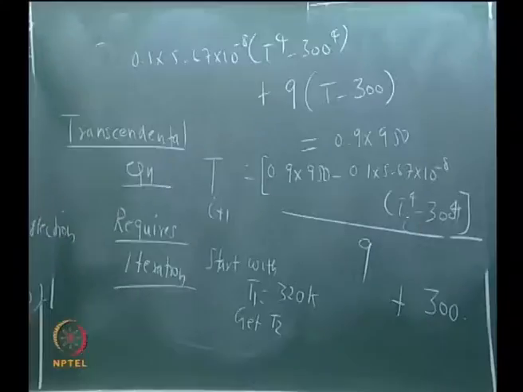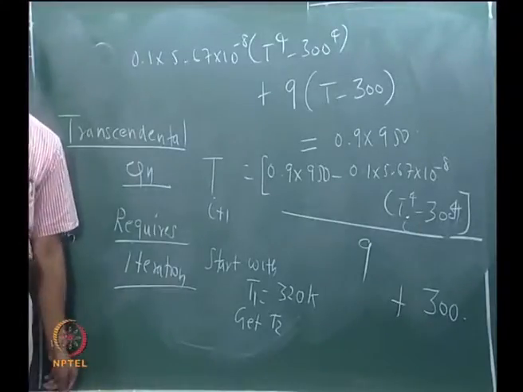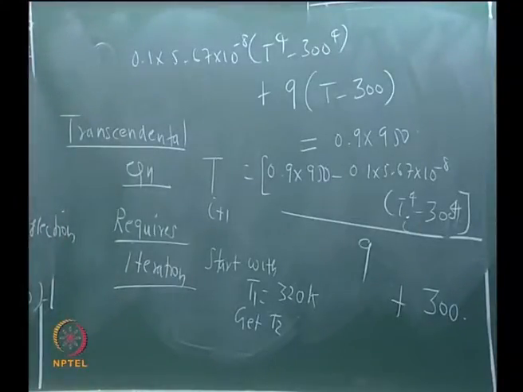From T2 get T3, from T3 get T4, from T4 get T5, till Tn or Ti and Ti plus 1 are sufficiently close to each other.